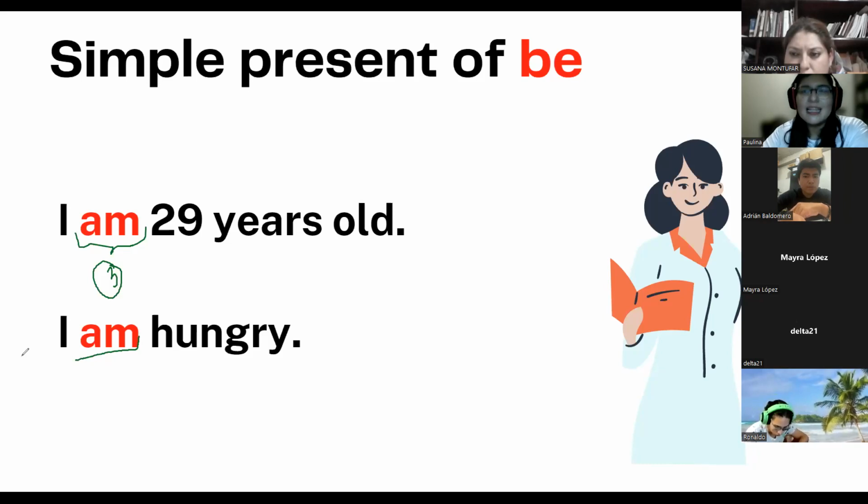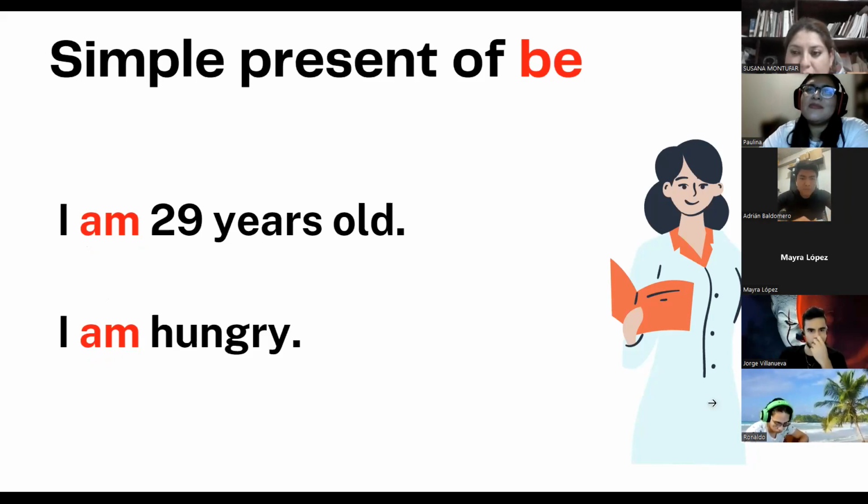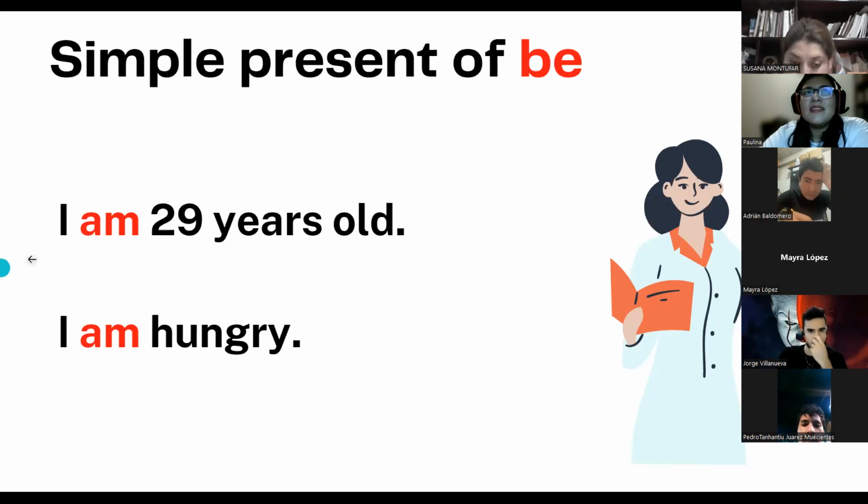Does that make sense? Is that clear? ¿Estamos claros? Yes. Yes? Okay. Sí. No questions at all? ¿No hay preguntas? En el ejemplo de arriba, ¿cómo era? Perdón. Here, I am 29 years old.